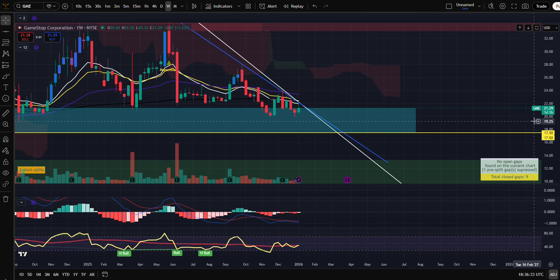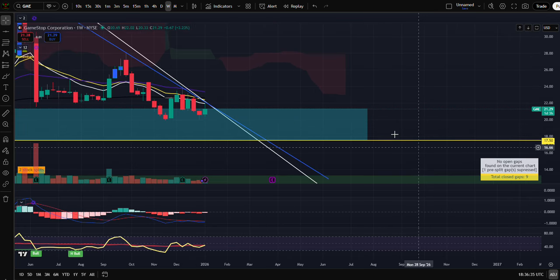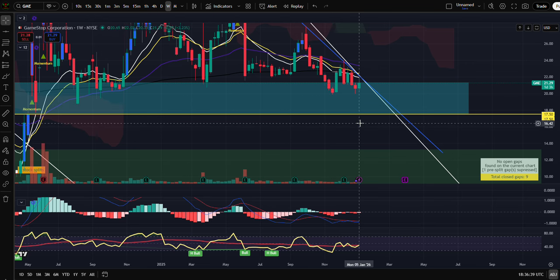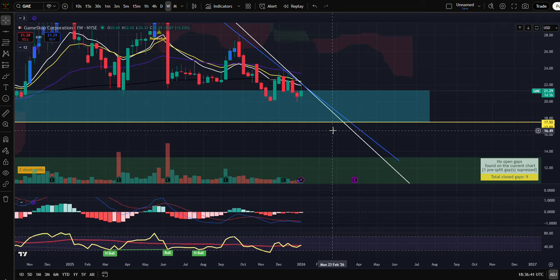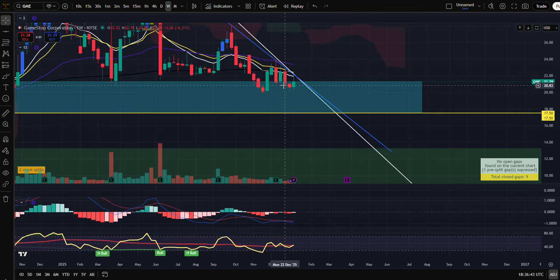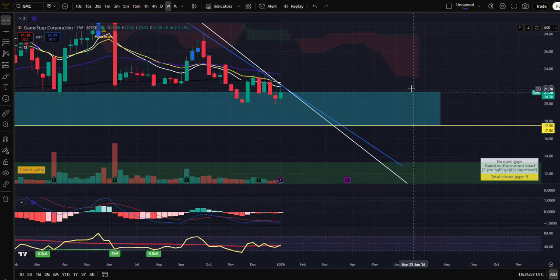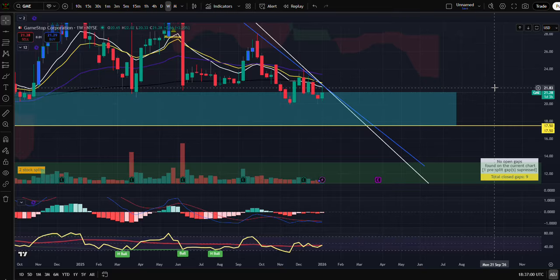Guys, should GME break $17.50, then I've got no doubt the bulls are just exhausted. They're not interested in the price. And guys, I have no doubt that the stock will come back down to this liquidity zone. I know there are a lot of GameStop fans out there, a lot of diehard fans of the stock.